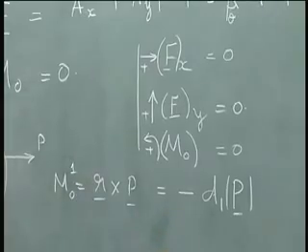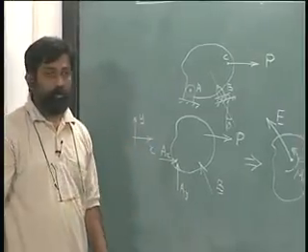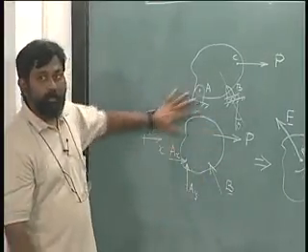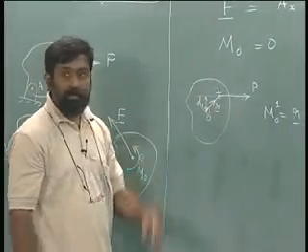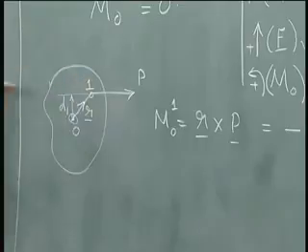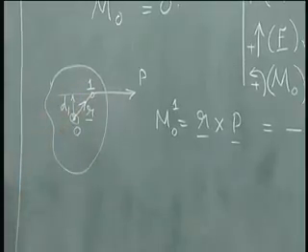You can do the same exercise for each one of these. One of the advantages of planar problem is all I need to do is to find out the distance of the vector direction to a particular point in question.